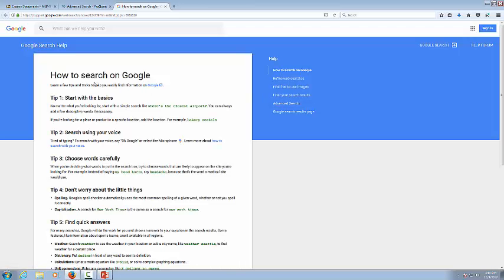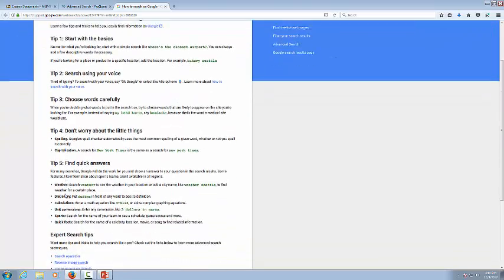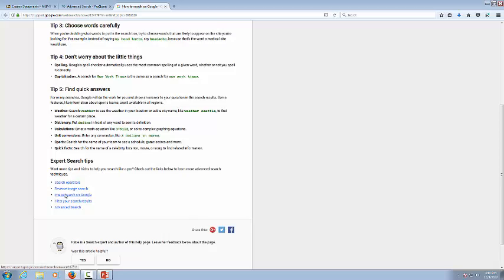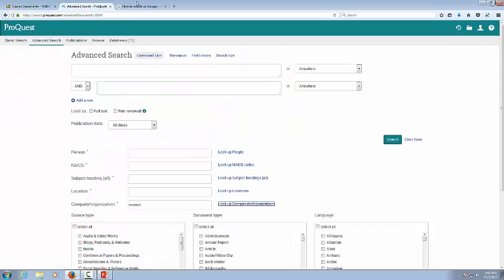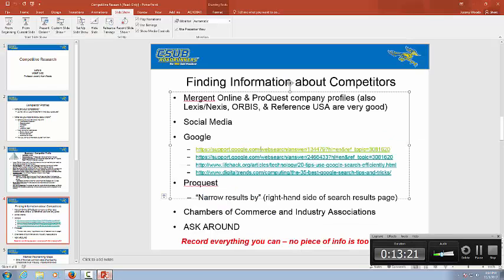If we look at this first one here, so start with the basics, search using your voice, choose words carefully. There's some nice tips here for how to narrow down your Google searches. Same thing on the other three.